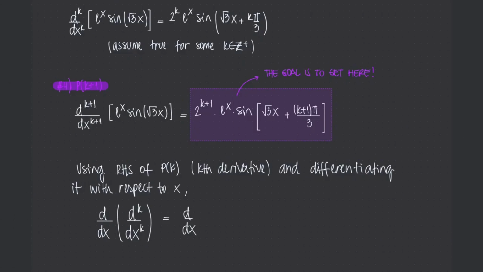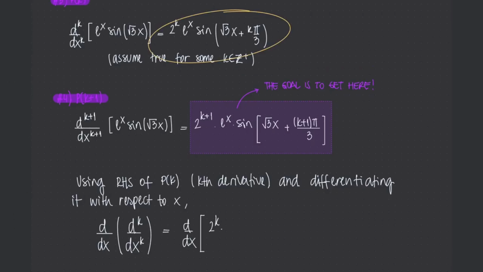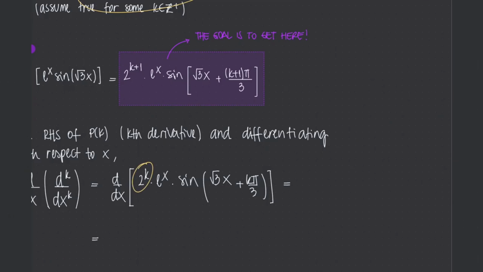We should get d/dx of 2 to the k e to the x sine of root 3x plus k pi over 3. Now over here we also have a product and a chain rule to be applied. Given that 2 to the k is a constant, the derivative is 2 to the k times the derivative of these other two terms multiplied, which means we're going to use the product rule and the chain rule for this one.